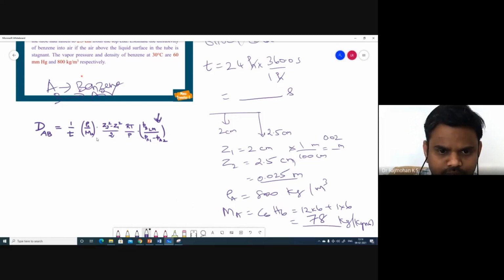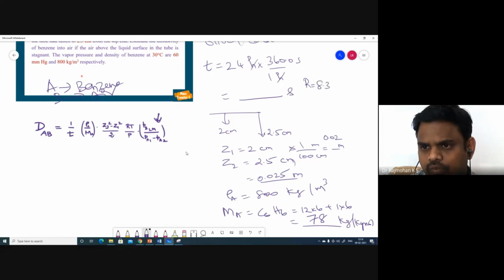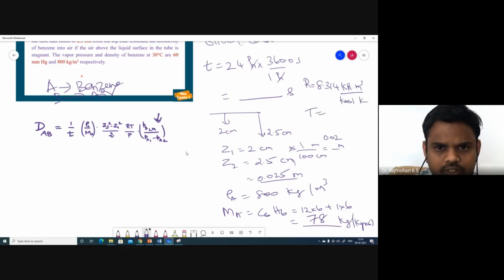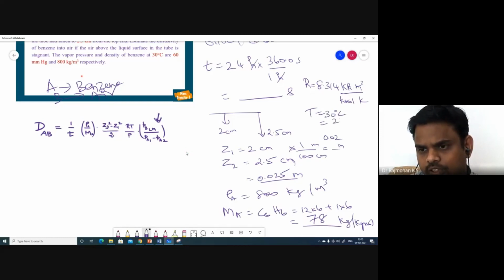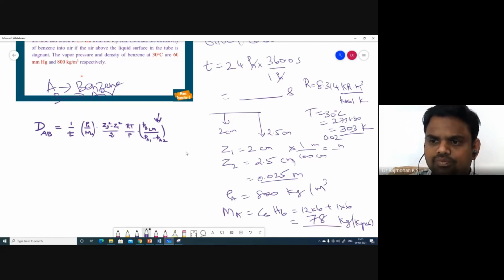So that is also known. Z2 taken care. R value we know, 8.314 kilopascal meter cube per kilomole Kelvin. Temperature is given as 30 degrees Celsius, which is 273 plus 30 is 303, right? 303 Kelvin.